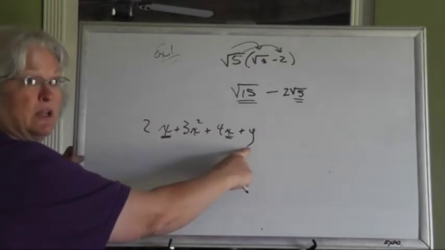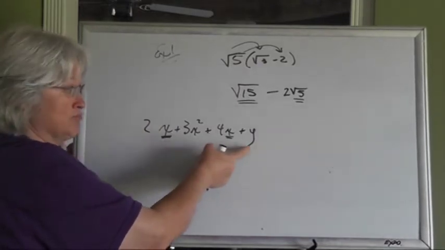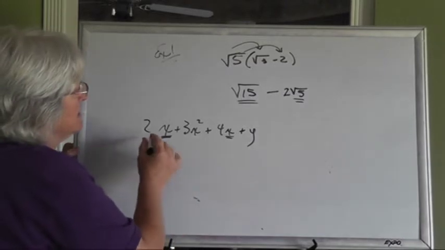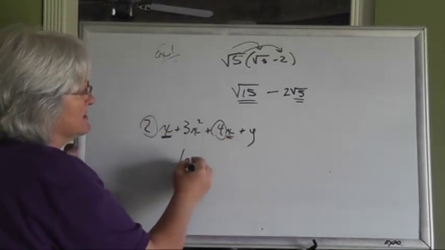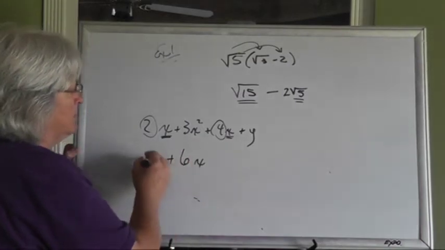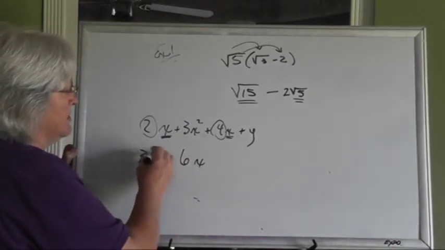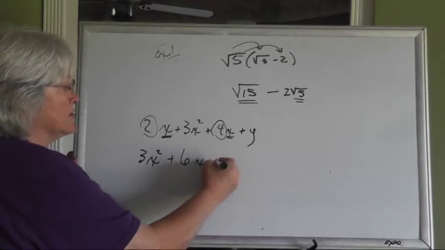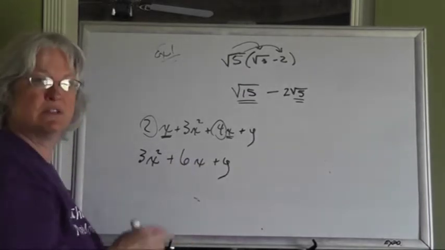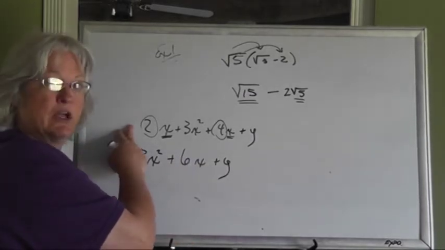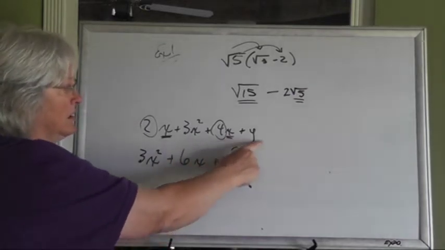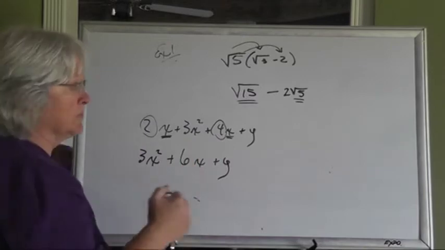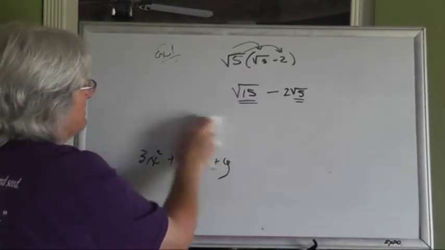The y is not a like term because it's a y, not an x. So we would add the coefficients here. 2 plus 4 is 6x. We would put our x squared term first. 3x squared plus 6x plus y is how we would simplify this algebraic expression here by identifying like algebraic terms. Well, same thing here.